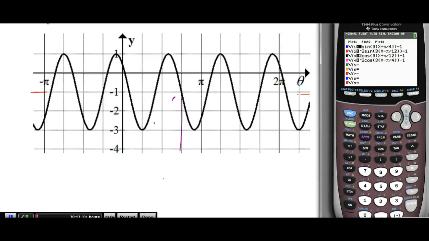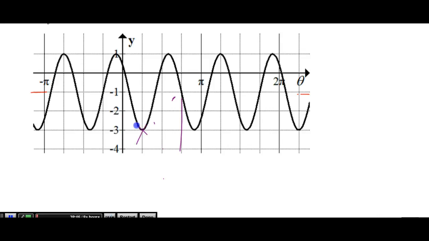Okay, the reflected cosine curve, easy. Sine curve, easy. Harder with this guy. But that's also half a period, right? That's the midline. So another thing you could do is say, well, that's half. So whatever this is, if I worked this out, you can see that's pi over 4.